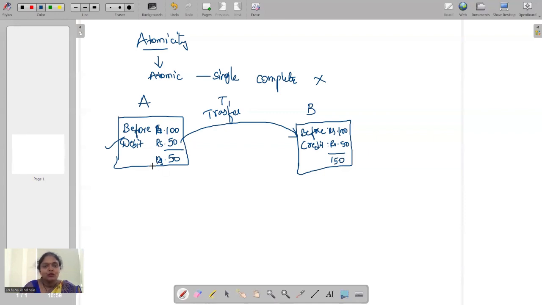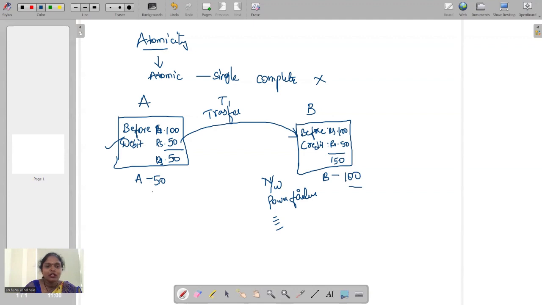So when only the debit operation is performed in account A, and due to network issue or power failure or any other system related activities it has failed to credit, then the balance reflected in account A will be 50 and account B will be reflected with 100 only.